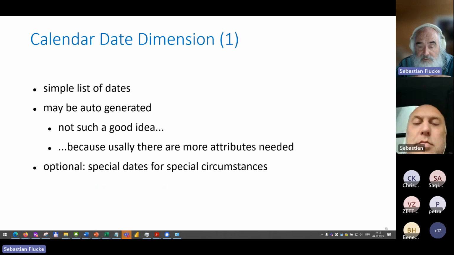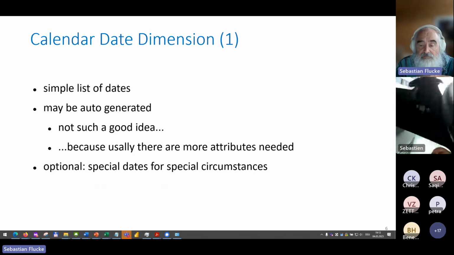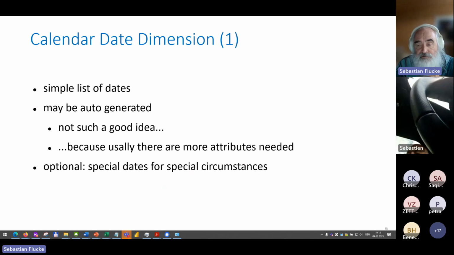Depending on your business needs, it is maybe necessary to have special dates for special circumstances, special dates which are related to special events or special points in time regarding your business, or regarding the public holidays. To be clear, are my employees available or not, or things like that.